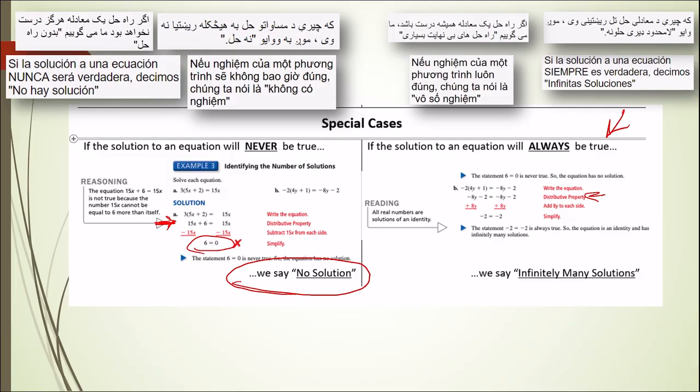We added 8y to both sides, and we got -2 equals -2. There's no variable in that solution, but it's a true statement. So when we get something that says -2 equals -2, or 5 equals 5, or 23 equals 23, that statement will always be true, no matter what we put in for the variable.